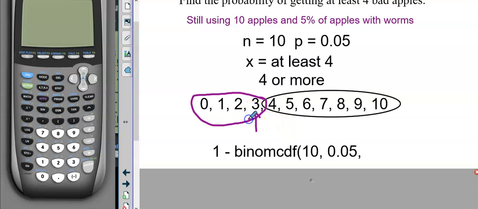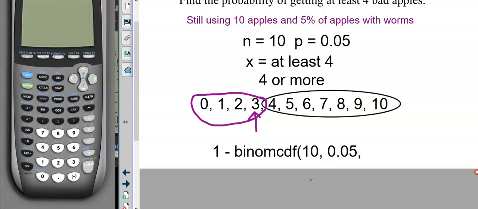We're doing 1 minus that, and for some reason the calculator will not understand going from 4 to 10, so we have to use it this way. If we can find this back piece and subtract it from 1, that gives us what's left over. If I give you the whole and we subtract a piece from it, whatever's left over is the answer.